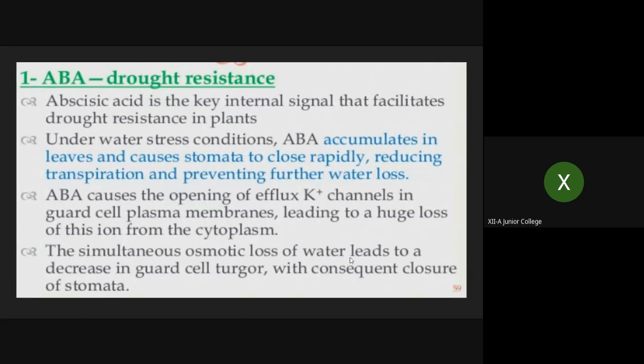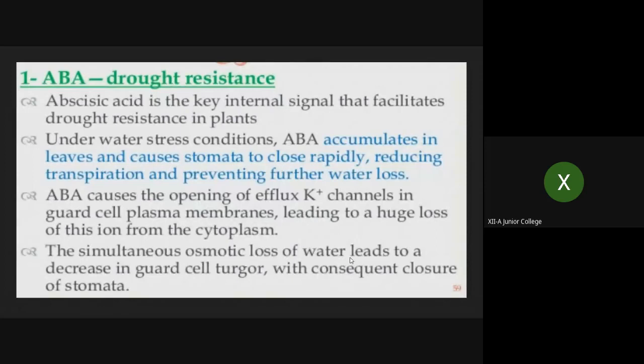That's why ABA is also considered a stress hormone. When there is environmental stress, for example water or minerals are not available, or very high temperature is present, we have just been discussing the closing of the stomata.